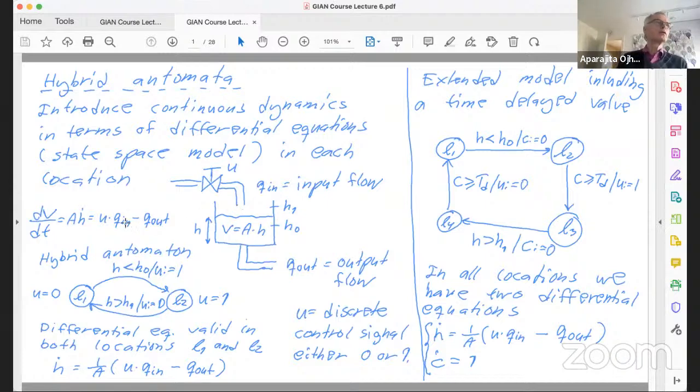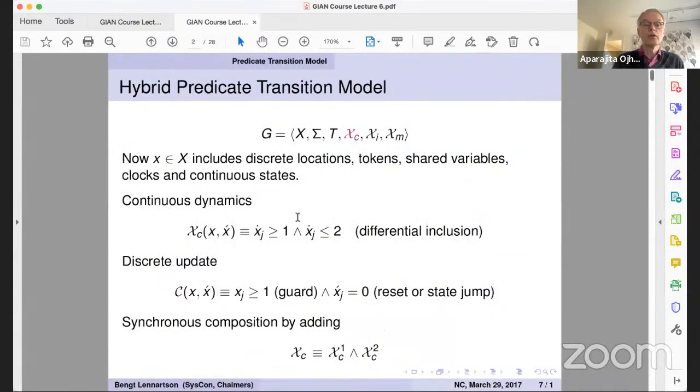Is Q a factor multiplied by the area of the pipe here, or what is it? So that's a way, or you could say that different levels on this valve could also describe different values in this differential equation here. So differential inclusions can be useful.